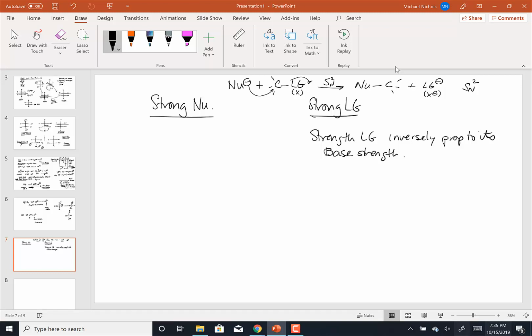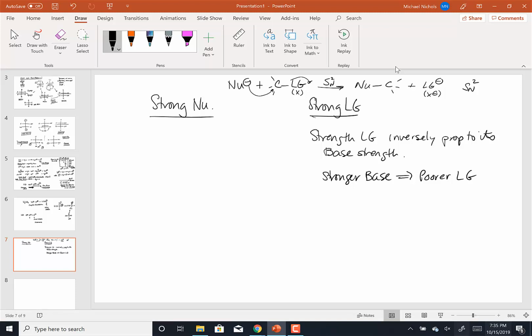That means that the stronger the base, the poorer the leaving group. Okay? And that's it. It's an inverse relationship between base strength and leaving group ability.